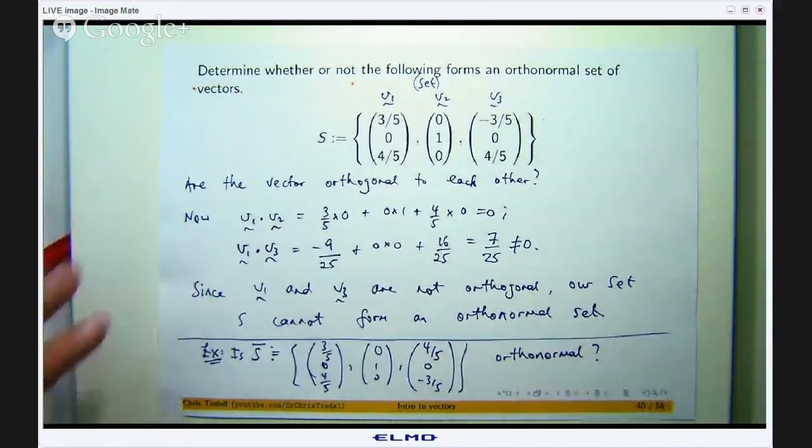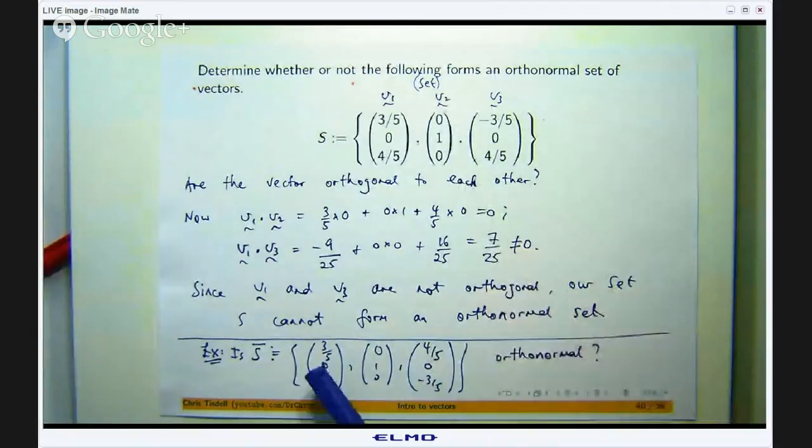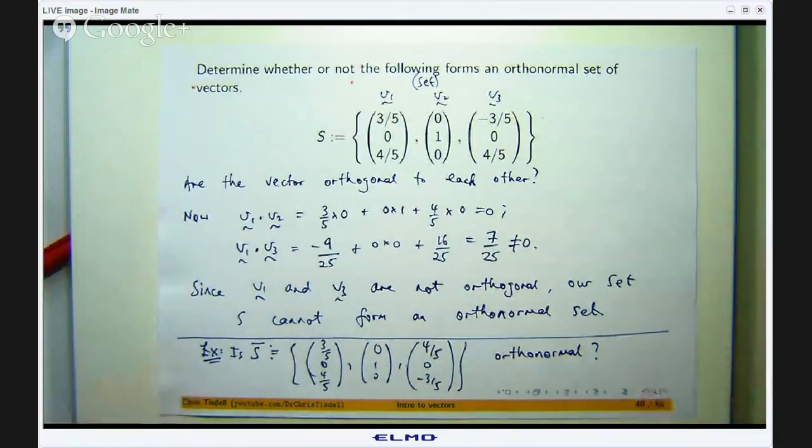Is that set orthonormal? Okay, so that set's definitely not orthonormal, but I'm asking you to think about this form. Is this set an orthonormal set? Okay, so if you have answers or questions, post them in the comments section.